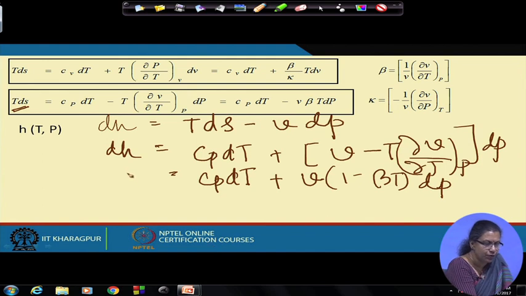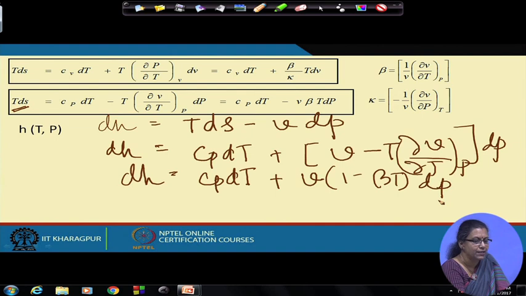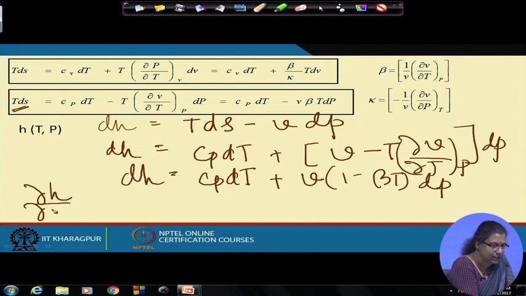This equation is particularly important because for most practical applications we come across enthalpy changes of physical as well as chemical processes. In this case also, suppose I try to find del H del P at constant T for an ideal gas.